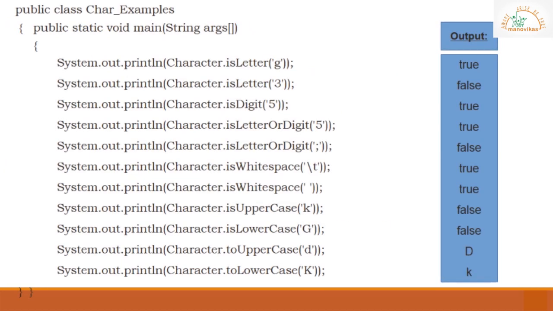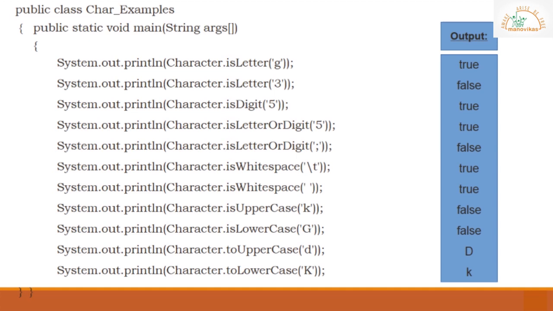This is one tested program along with the output at the side that I have displayed here. Please go through the function and the output simultaneously. The first function is Character.isLetter of G. G is a letter, so the output for the first function will be true.